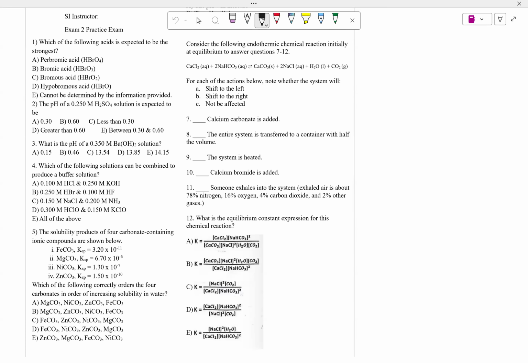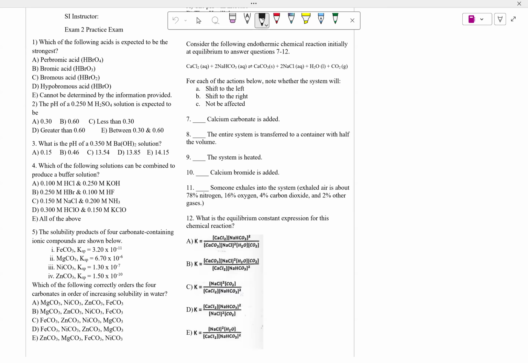Let's talk about that. The first hydrogen is the most important thing to do. The first hydrogen is the strong acid, the second one is not. So this will definitely be 0.60, so it's not greater than 0.60, but it's not going to be less either.